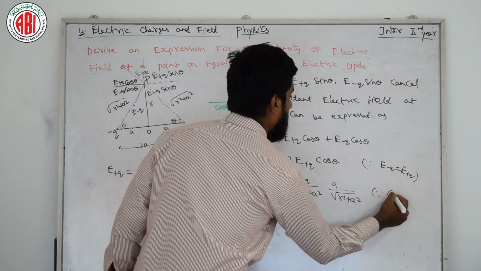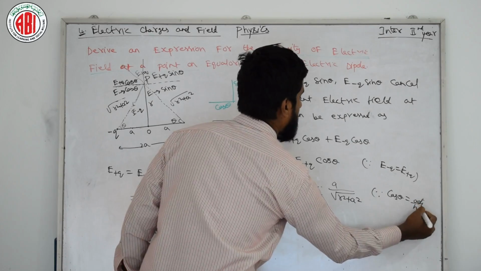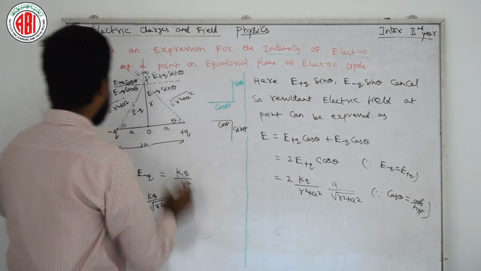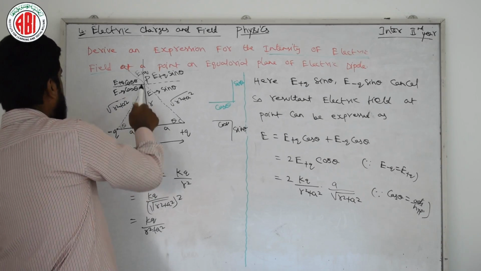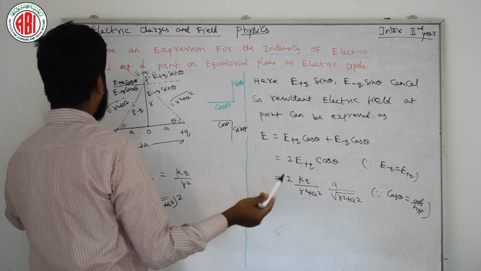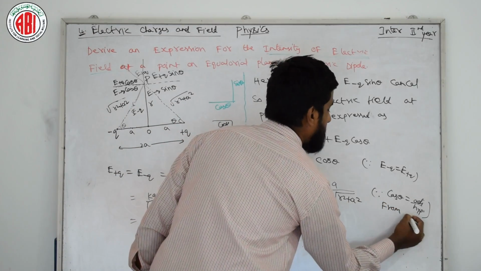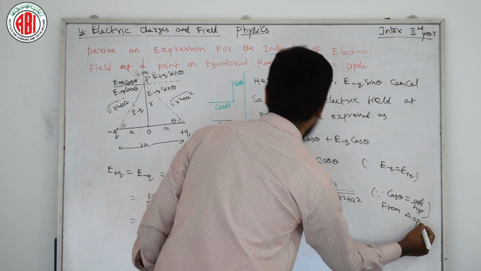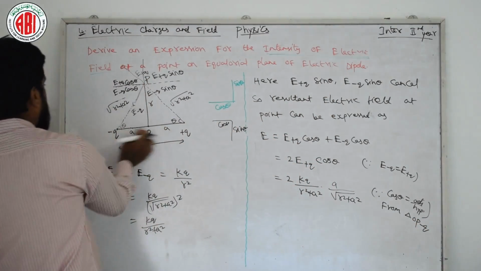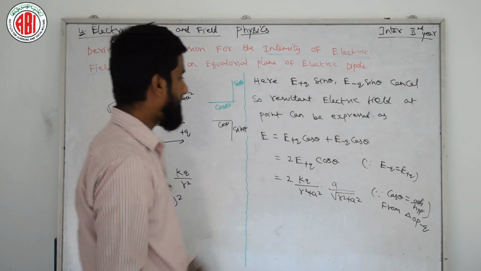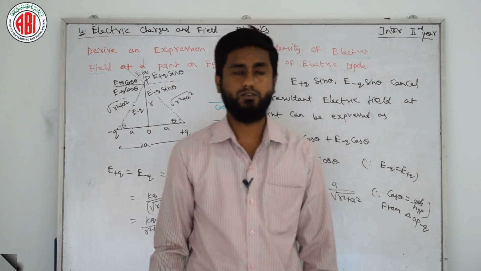From triangle OP minus q, from this triangle we got this value. So you can copy up to here, after that we can continue our sum.